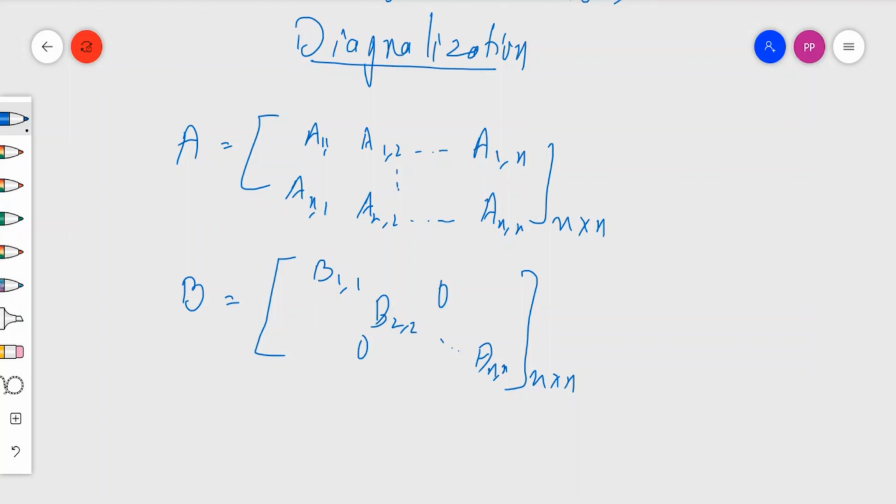So diagonalization helps us in solving linear system equations. The method of diagonalization involves finding the eigenvalues and eigenvectors, then these eigenvectors are left eigenvectors or right eigenvectors, and based on this we transform a matrix from its normal form, sometimes also called the canonical form, into the diagonal form.